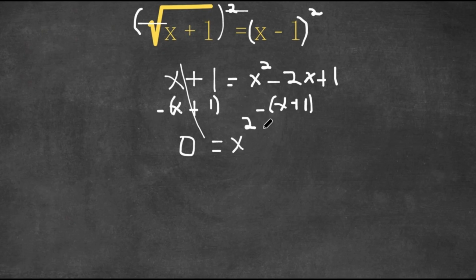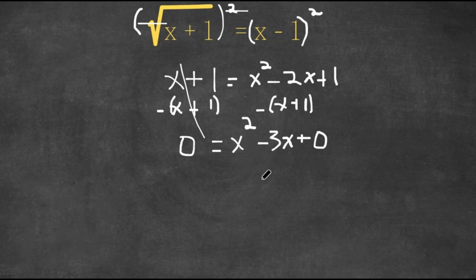Negative 2x minus x is negative 3x. And 1 minus 1 is simply 0. So now we have 0 equals x squared minus 3x plus 0.